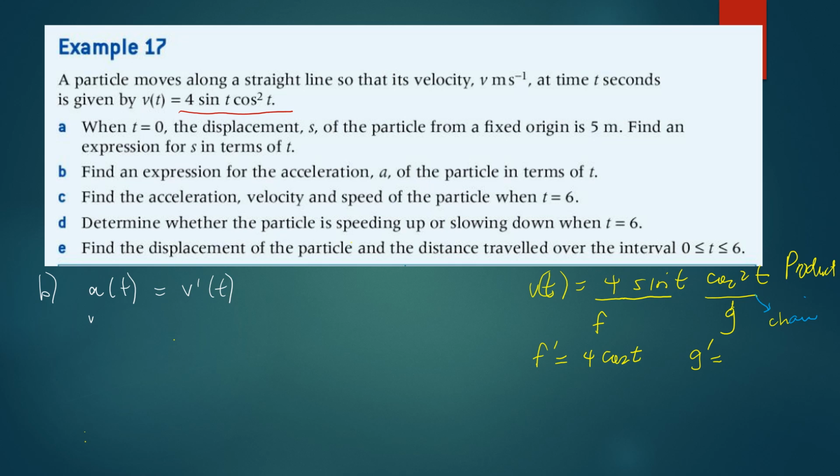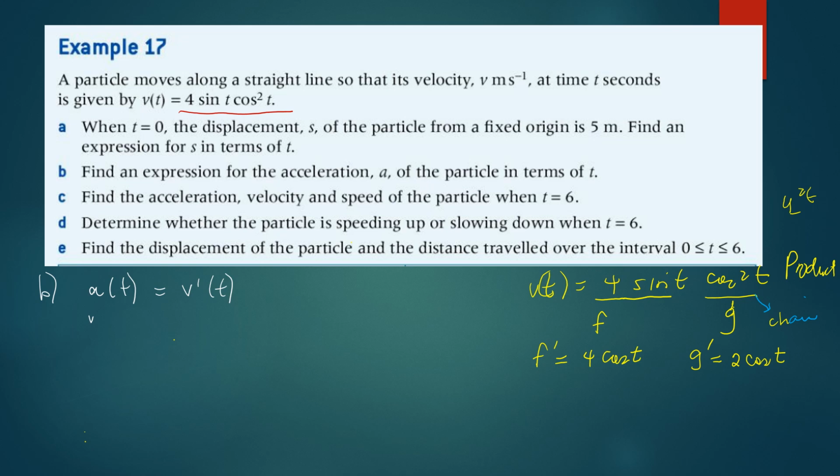So we have the derivative of the function, 2 cosine t, it's just like u squared, right?